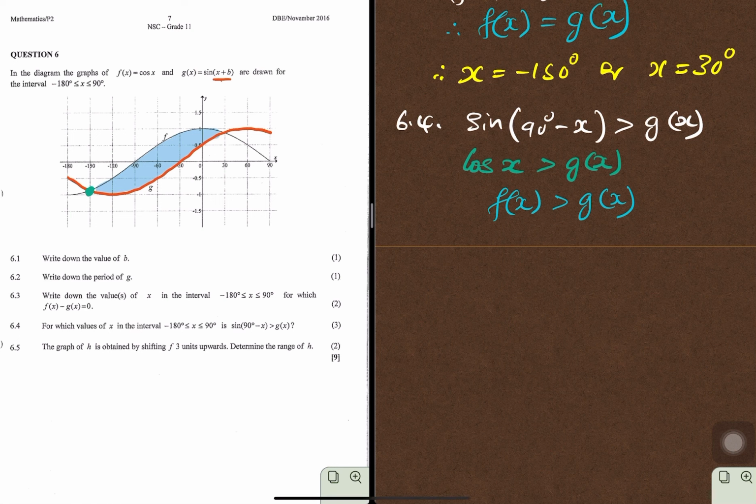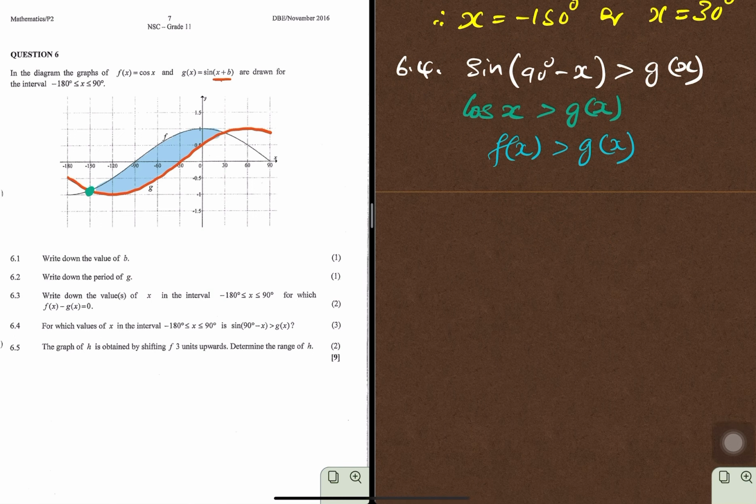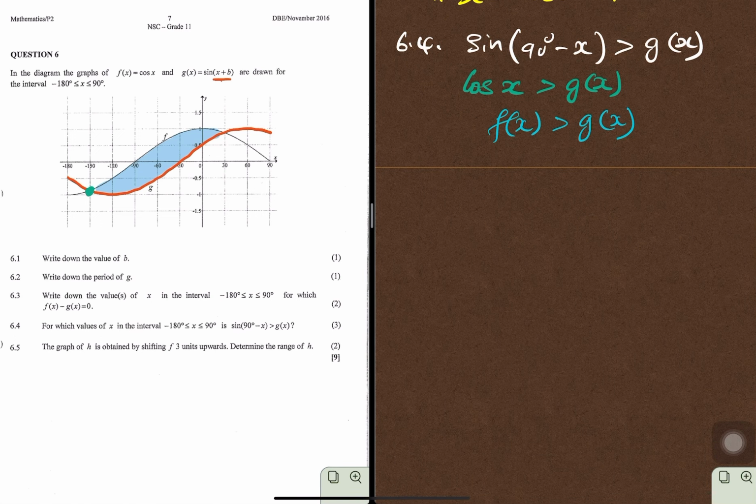So you need to read the values of x in that interval. So you're going to say that therefore that is from negative 150 exclusive, because here it is also exclusive. So from negative 150 to 30 degrees. I'm going to write negative 150 degrees. It is in between, in that region, in 30.